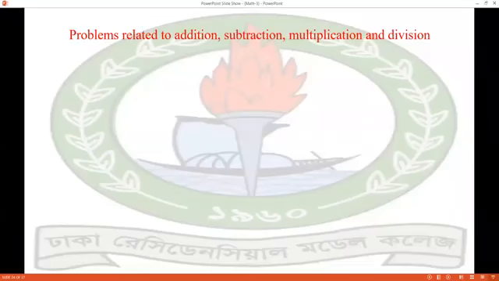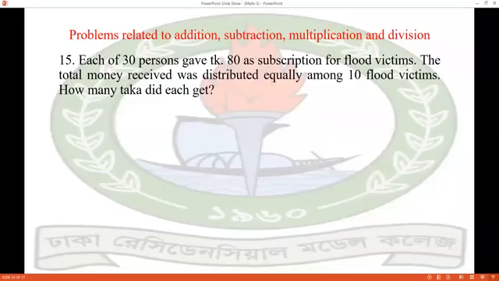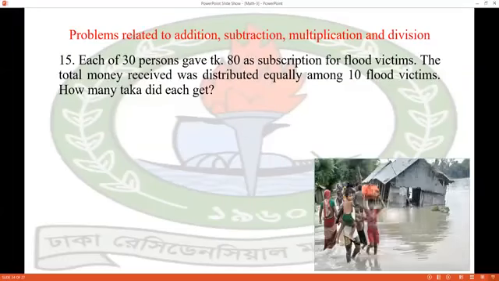So the next problem, number 15. Each of 30 people gave 80 taka as a subscription for flood victims. Do you know a flood is running in Bangladesh at the moment?